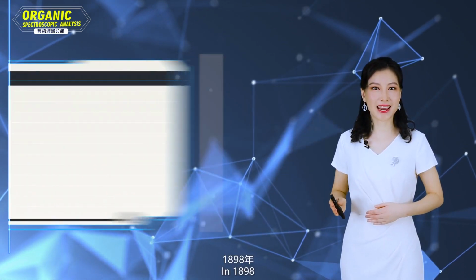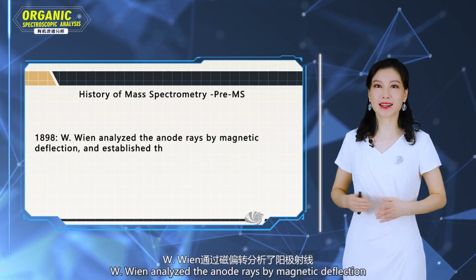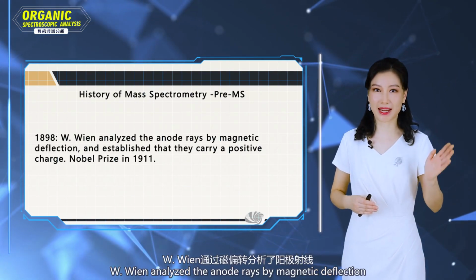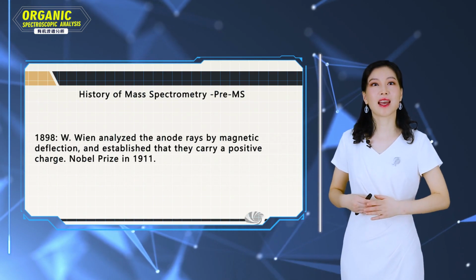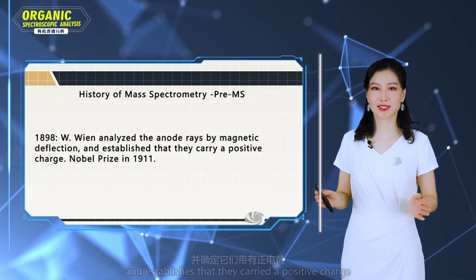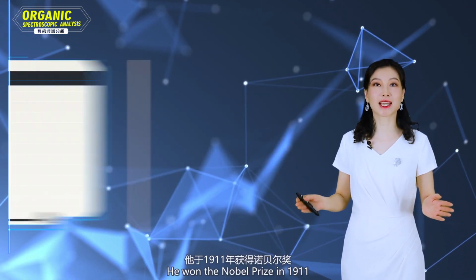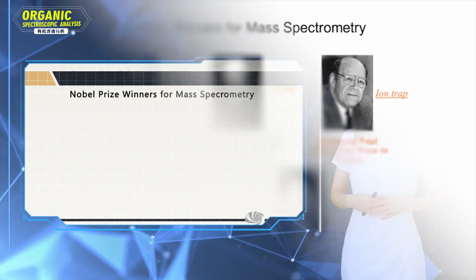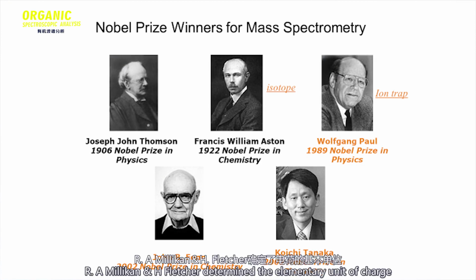In 1898, W. Wien analyzed the anode rays by magnetic deflection and established that they carry a positive charge. He won the Nobel Prize in 1911. In 1909, R. A. Millikan and Fletcher determined the elementary unit of charge.